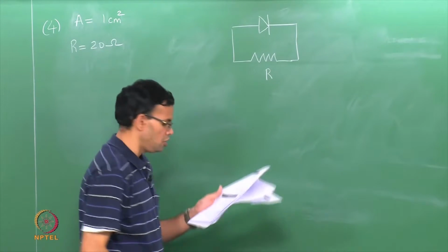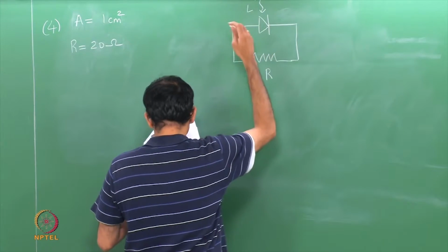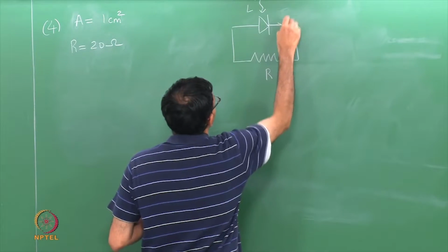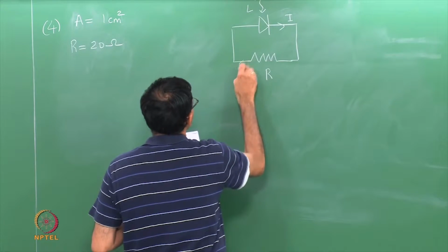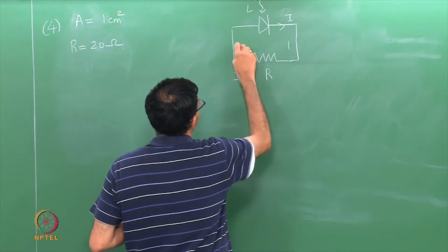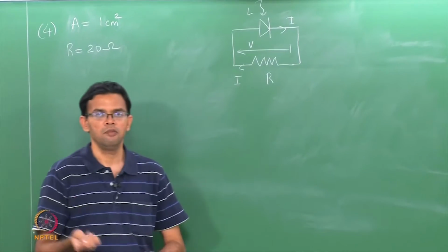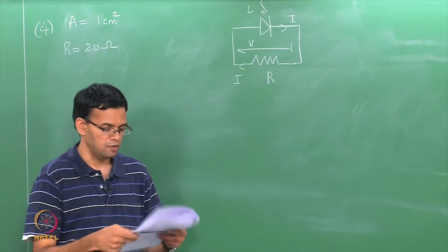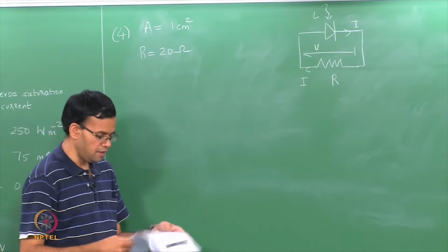So, light falls on the solar cell. So, you have some light I which drives a current I. So, this in turn generates a voltage V that opposes the inbuilt voltage in the solar cell. So, the intensity of the light is given.